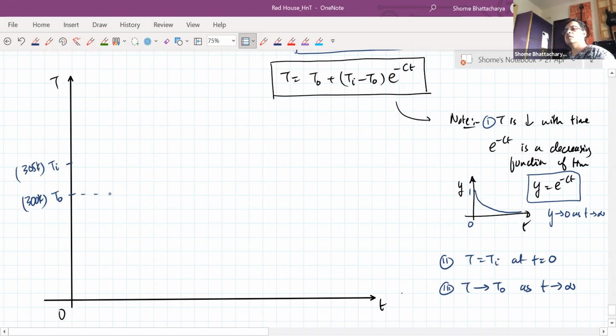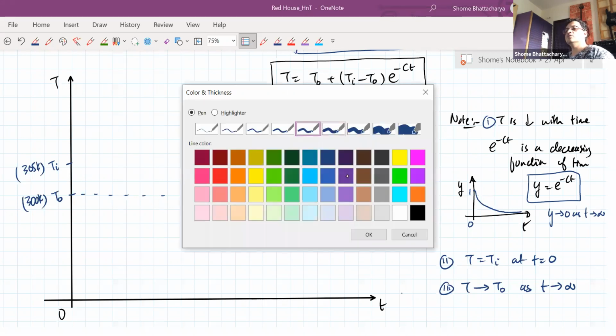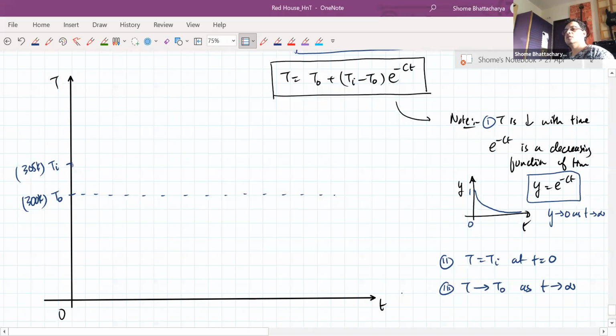Then the graph of temperature versus time will be exponentially decaying from this initial value as time progresses, but it will literally take infinite amount of time. By infinite we mean a very long, very large amount of time it will take to approach this.